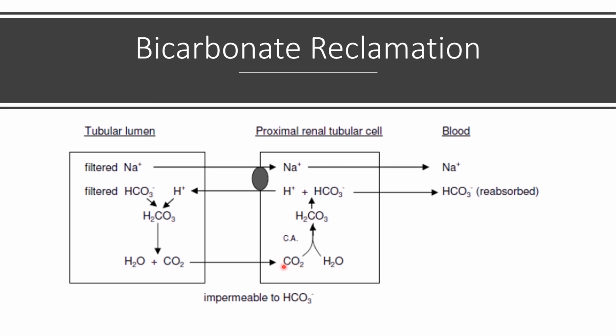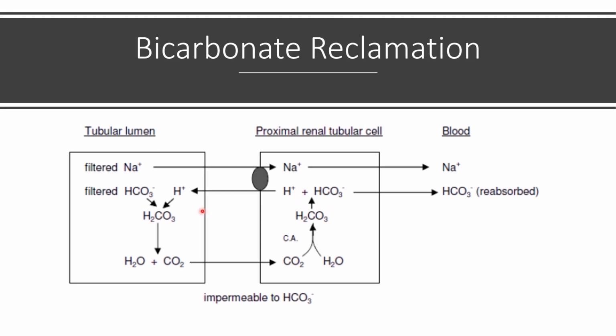Now, within the tubular cell, the carbon dioxide combines with water to form carbonic acid again through the action of the carbonic anhydrase enzyme, which breaks down back into the bicarbonate and the hydrogen ion it got earlier on.